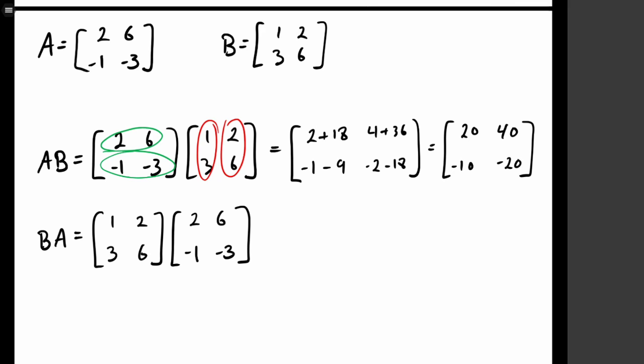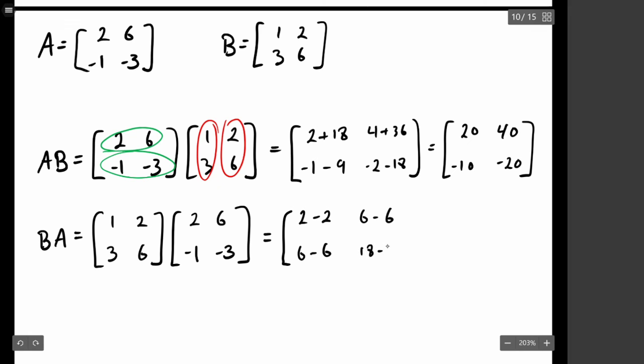But let's look at this here, where we can multiply in either order and it makes sense. So if we multiply this out, we're going to have 2 minus 2, and then we get 6 minus 6, and then 6 minus 6, and then 18 minus 18. So if we multiply in this order, we get zeros.